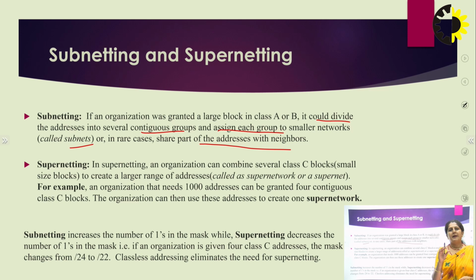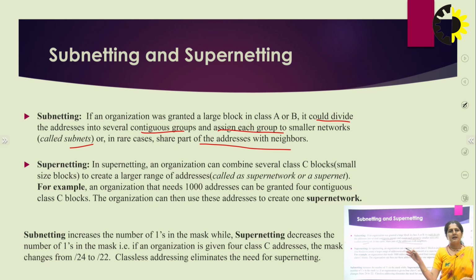Let us understand, if there is one big college, it has one IP address. This IP address can be divided course-wise. One part can be used by the BTech department, one by the MBA department, one by the MCA department. So there is one IP address, and it is divided into three parts for the BTech, MCA and MBA departments.